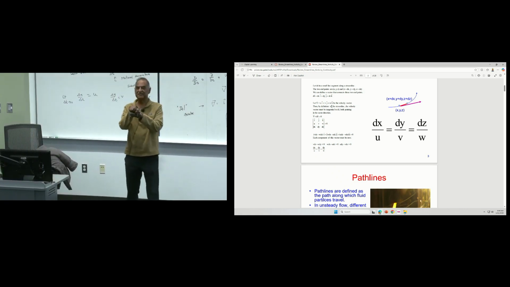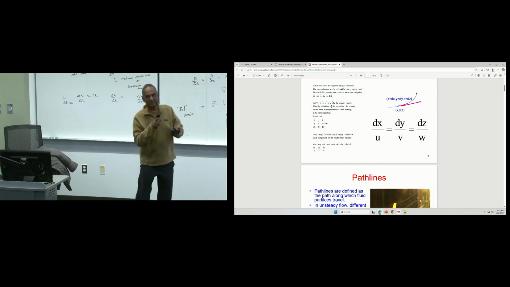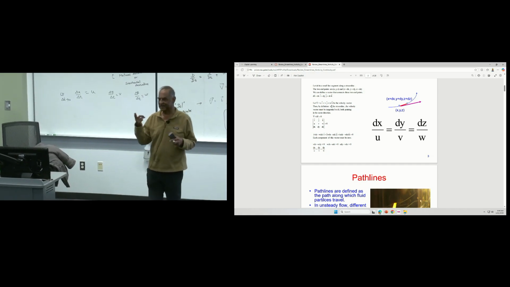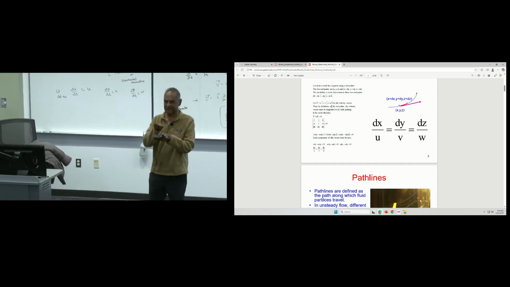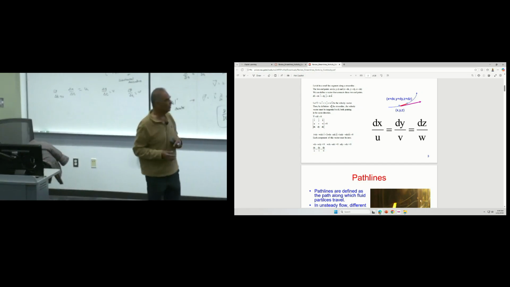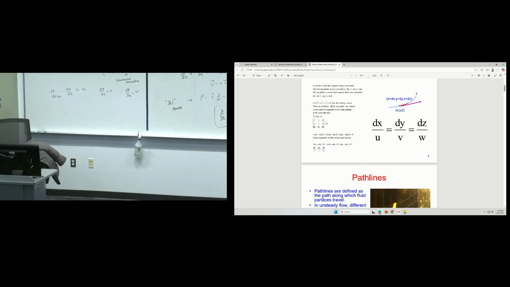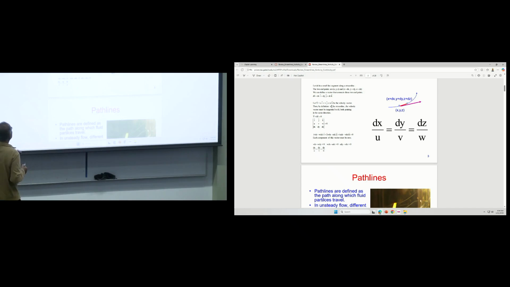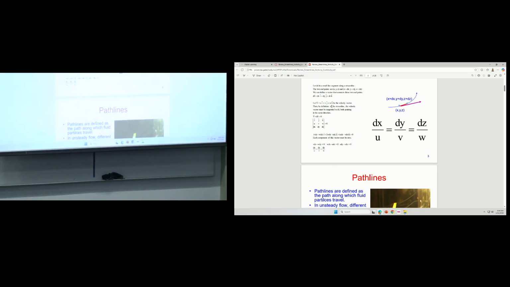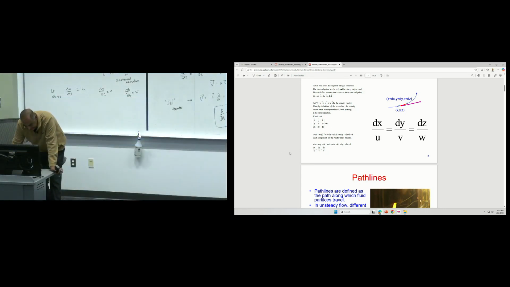If they are tangent to each other, their cross product will be 0, right? i cross i is 0, j cross j is 0, because the included angle is 0. So if you write v cross delta s equal to 0, you can write the v vector as one row, delta s as another row, do a determinant, simplify it, and then you get the equation of a streamline.